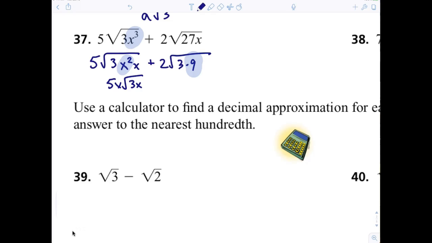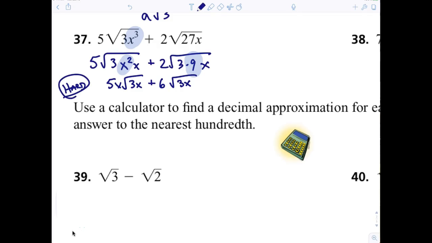Alex, you still with me? Allison, you still good? Now what's the square root of 9? 3. So that becomes what? 6 radical 3x. Okay, now I really want someone to put this, because this is hard for kids right here.